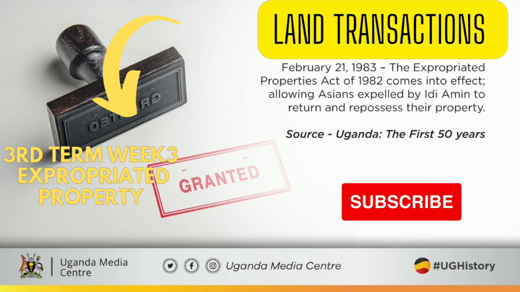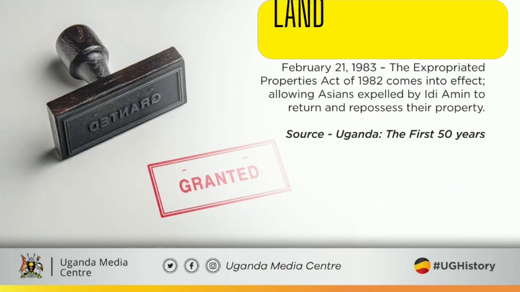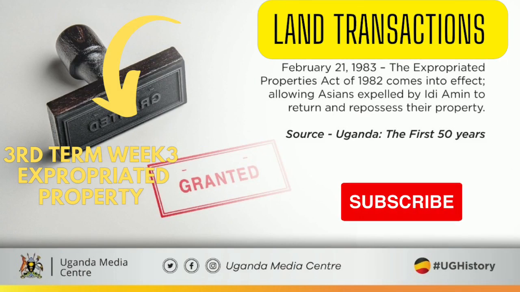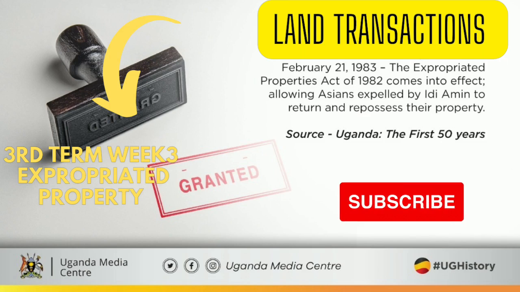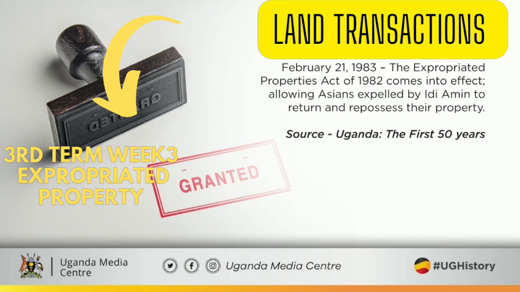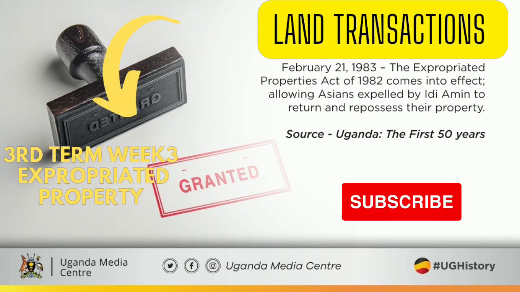So in 1983, after realizing the errors that were in the first act, the governing government by then revested the properties in the government under section 2, subsection 1.